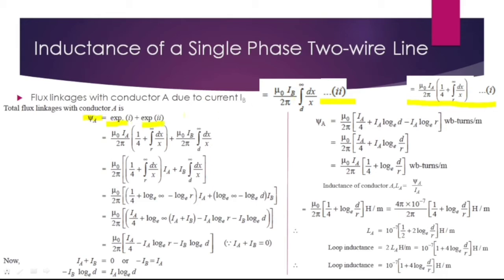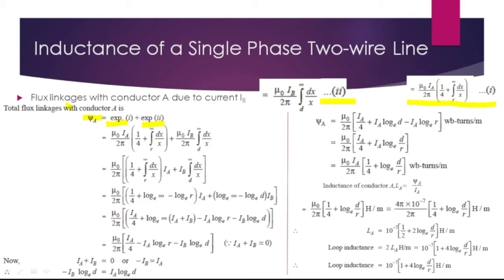I am substituting here expression 1 plus expression 2. Clearly observe this derivative part. Expression 1 is nu naught IA by 2 pi, 1 by 4 plus integral r to infinity dx by x, and the second expression is plus nu naught IB by 2 pi integral d to infinity dx by x.